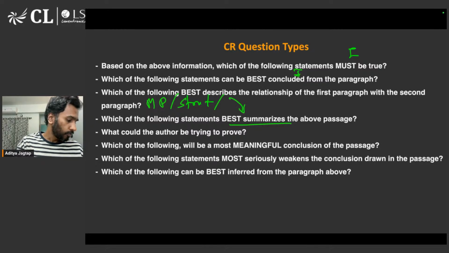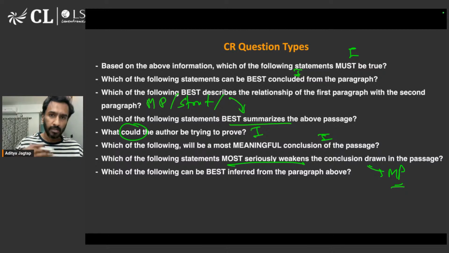What could the author be trying to prove? So inference would be the most meaningful conclusion. Most seriously weakens: this is about the main point of the author. The argument of the author needs to be weakened, or strengthened, and so on and so forth. And which of the following can be best inferred? This is an outright inference question. These are some of the ways of asking these types of critical reasoning questions.